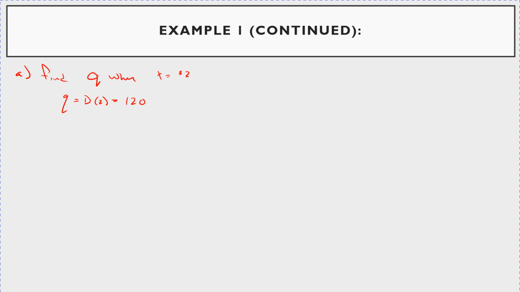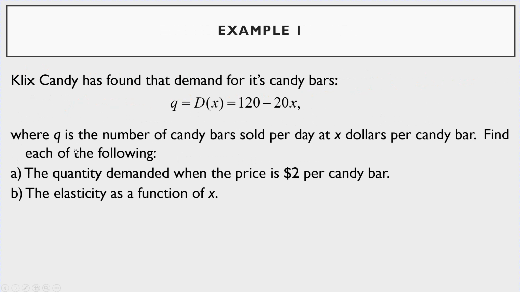This is 120 minus 20 times x, where we're plugging in 2. So this is 120 minus 40. What this is saying is that at $2, demand will be 80 candy bars. Okay, that's pretty easy.